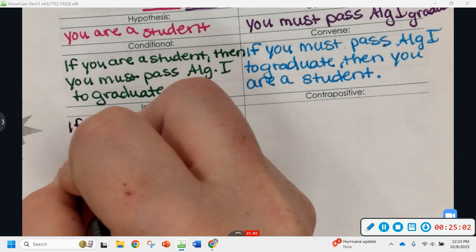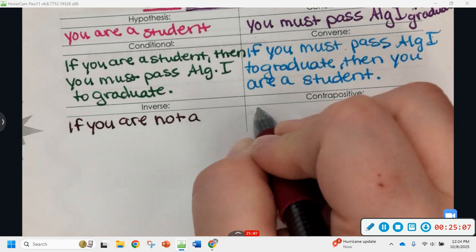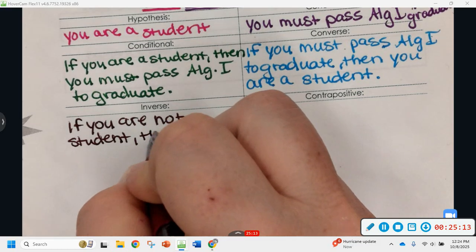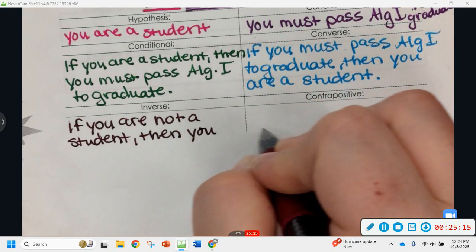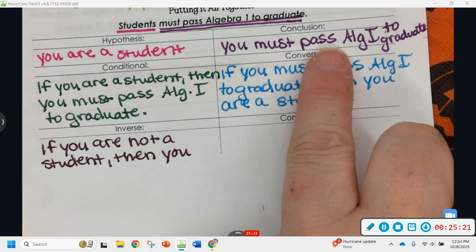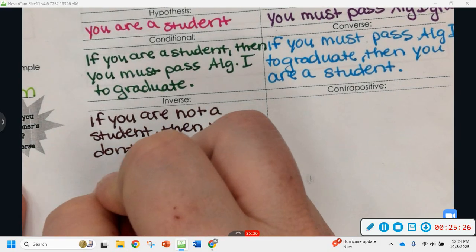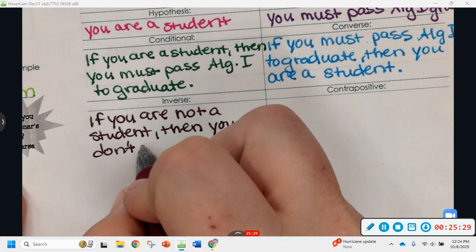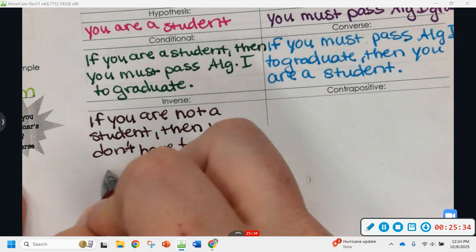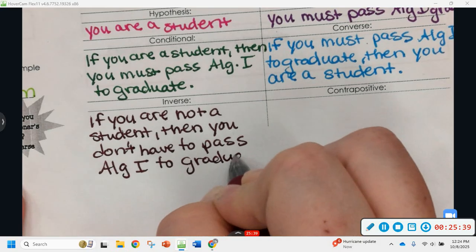So if you are not a student, then you could say you must not pass, or you could say then you don't have to pass Algebra 1 to graduate.